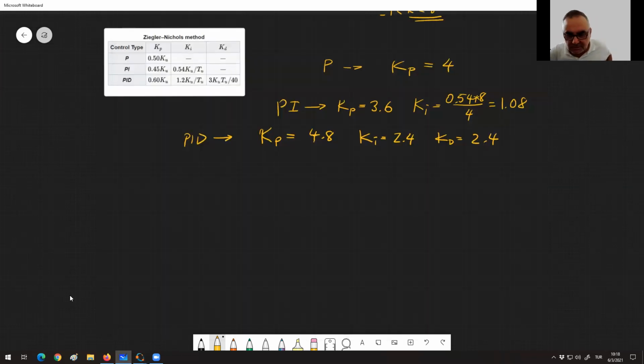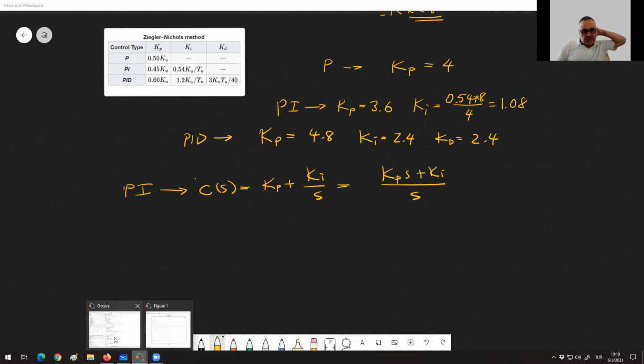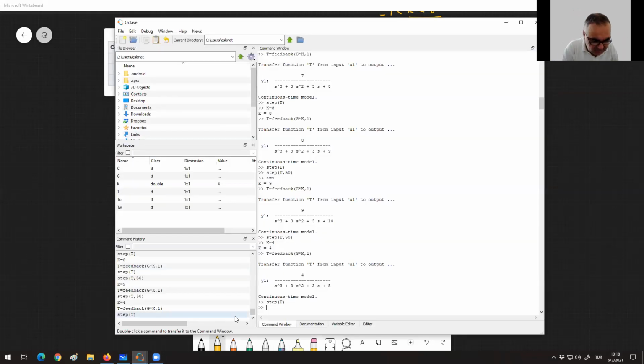PI control means C of s equals Kp plus Ki over s, which you can write as (Kp s plus Ki) over s. Okay. So I will go to MATLAB again and write C of s.